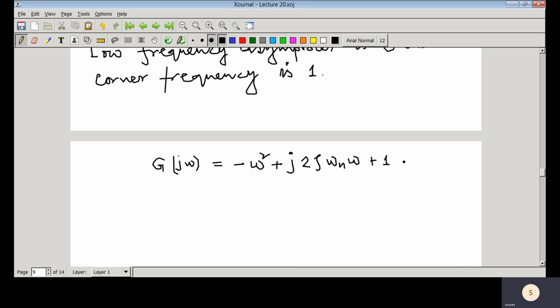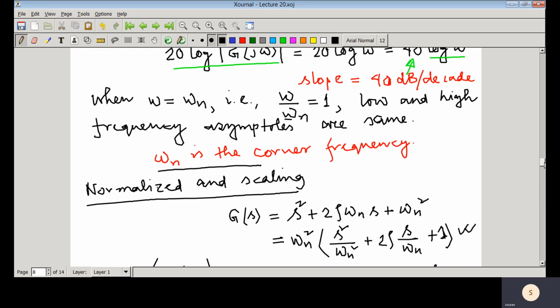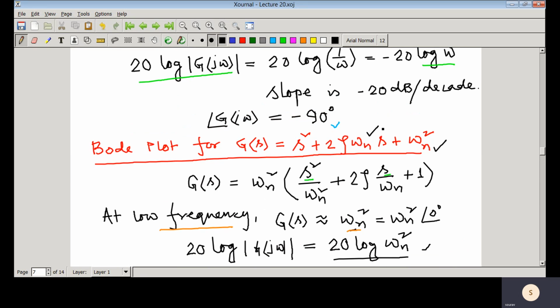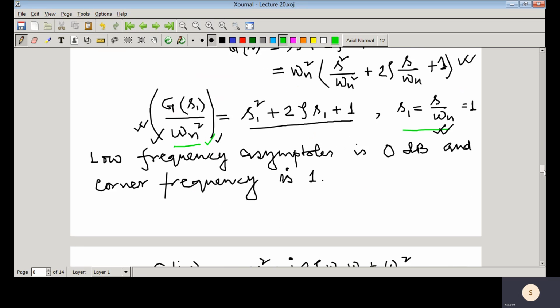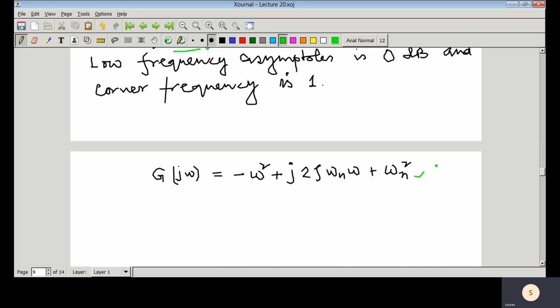Sorry, that would be omega n square, because if you have this factor, in place of s you replace j omega. So the first one is minus omega n square, this one is minus omega n square, and here j omega and omega n square would be there. So we have that factor, this one.